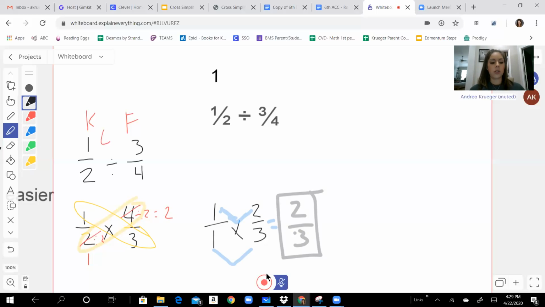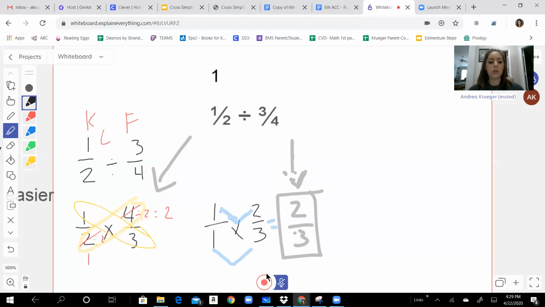2/3. So again, it's in this place right here that you should check sideways if something can be simplified. The benefit of doing that is when you get to the very end, you won't have to simplify at the back end, which, as I've seen as a teacher, a lot of kids forget to do at the end.